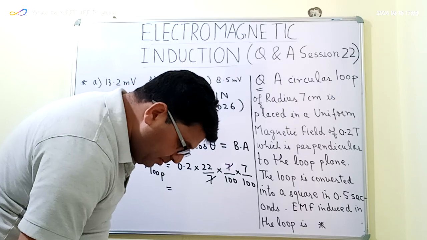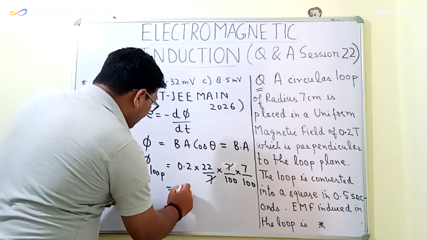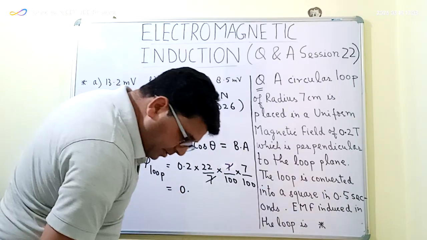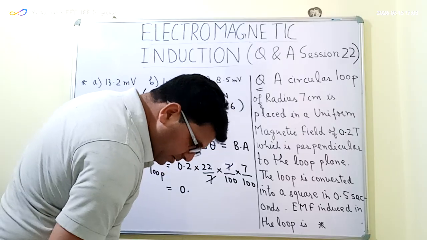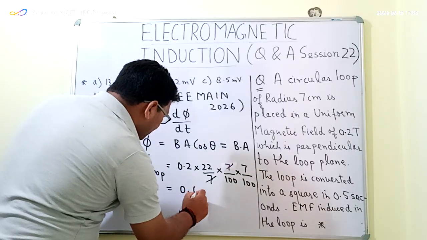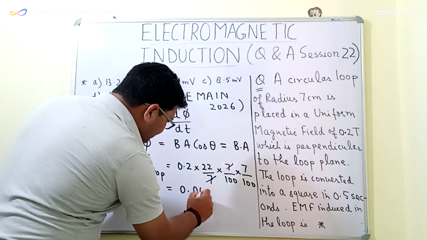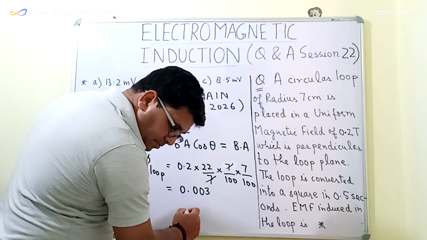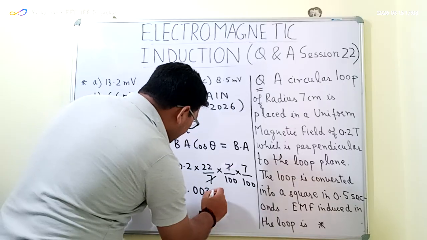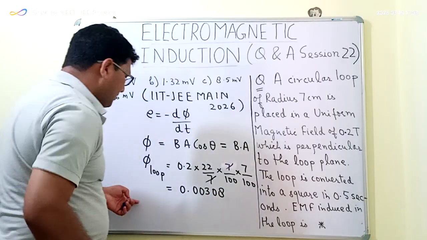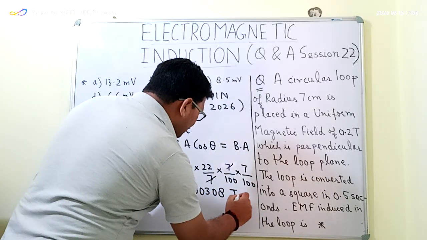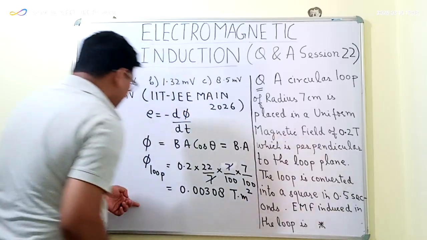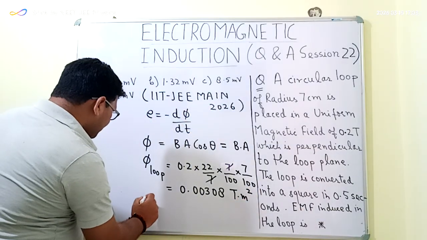So this is equal to 0.00308 Tesla meter square.